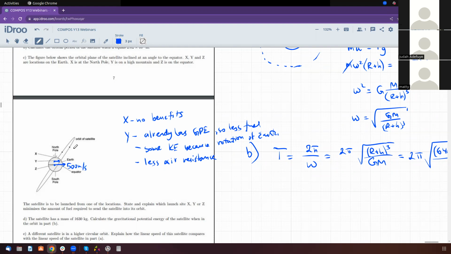And satellites travel at about 7,000 meters per second. So you already have a big chunk of energy. So you need less fuel.